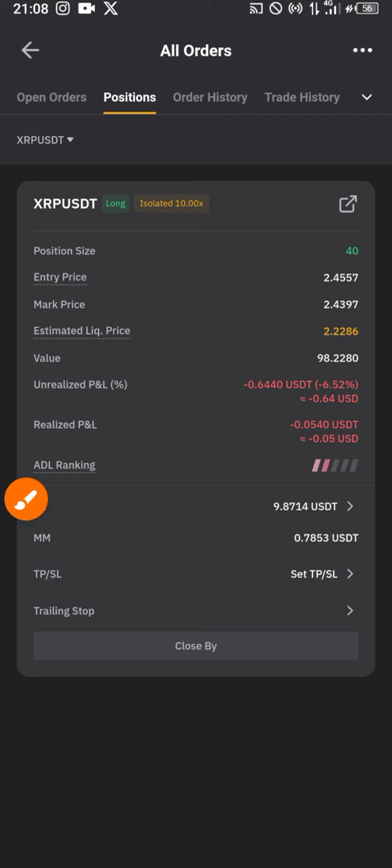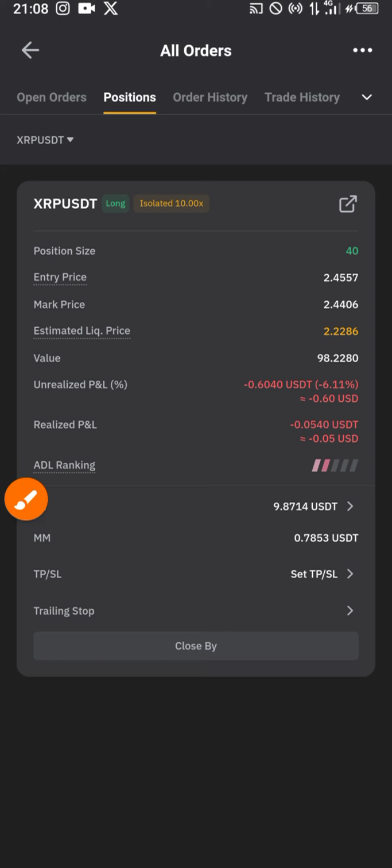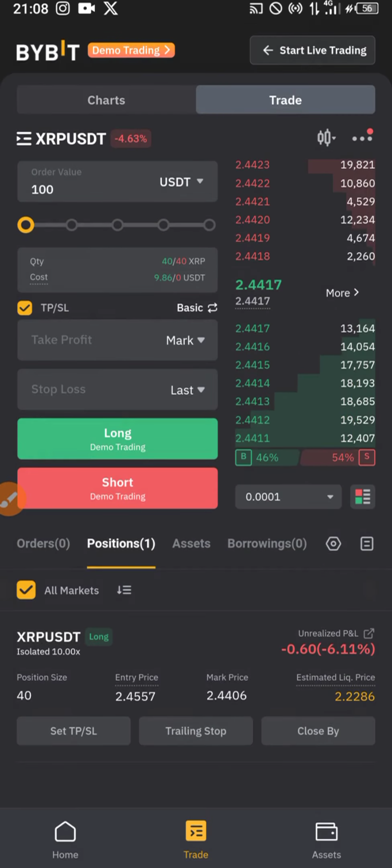Yeah, this is your maintenance margin. You can see MM, that's 0.7853. That's how to get your maintenance margin.